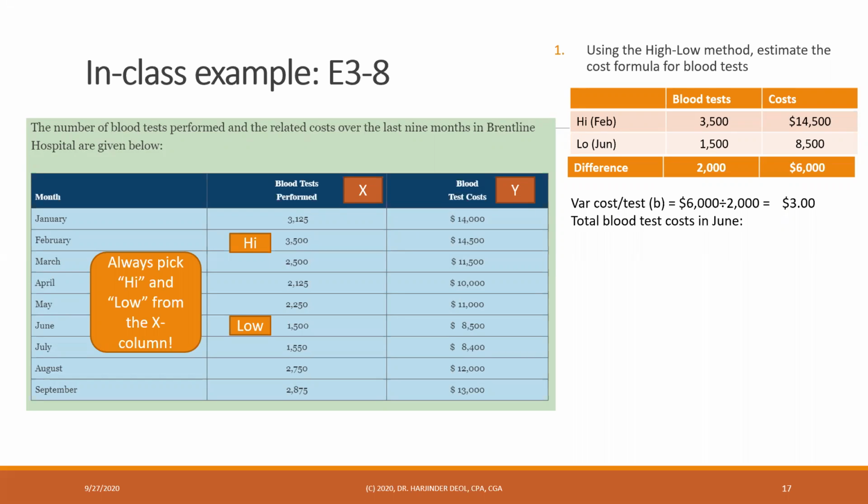In this case, we have taken the low point, which is June, where we performed 1,500 tests. So 1,500 tests multiplied by $3 per test. A is your fixed cost that we are trying to determine, but your total mixed cost is $8,500. So if we use this cost formula, we are able to calculate our fixed cost of $4,000.